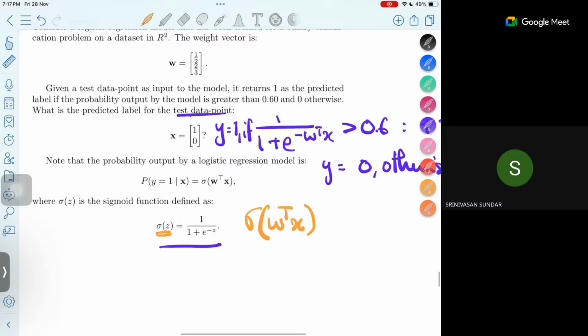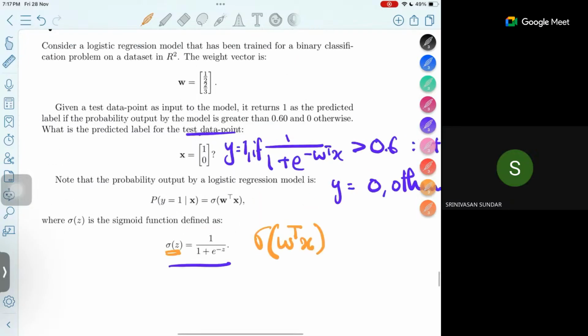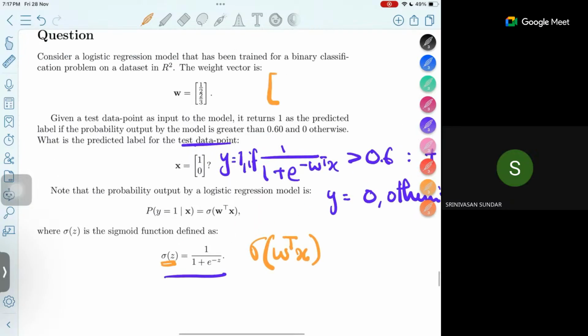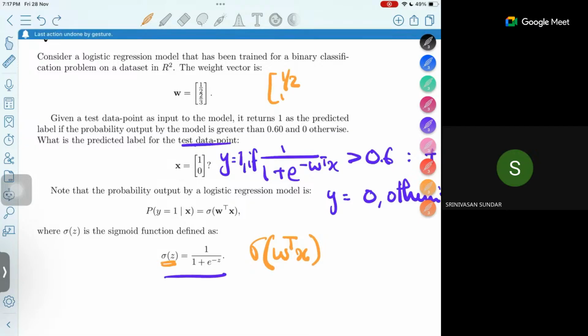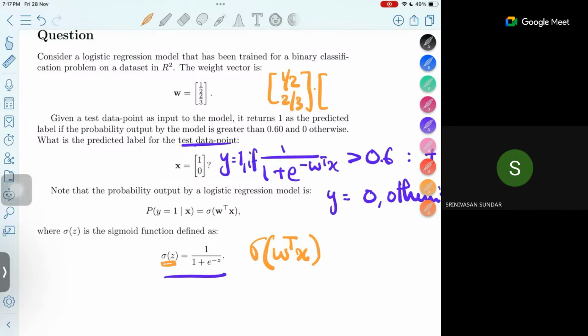So first we need to compute W transpose X. This is W, (1/2, 2/3), transpose with X. What is X? X is (1, 0). So half into 1 is 0.5, plus 2/3 into 0 is 0. So this is just 0.5.